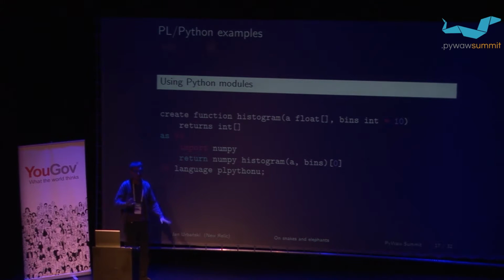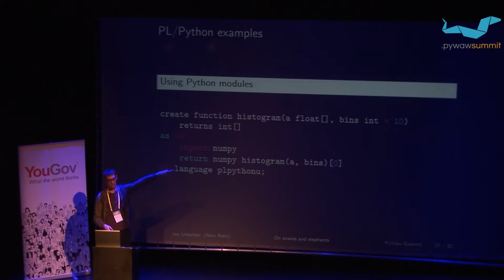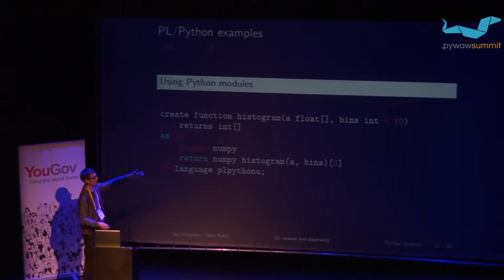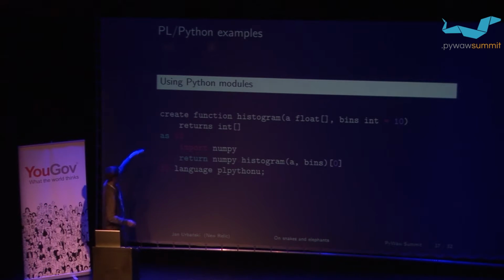It's fairly readable, and I hope some of you at least are more or less familiar with how SQL works. So you basically say, there's a histogram function, I pass it an array of floats, and an integer called bins, whose default value is 10. And I return an array of ints. Up to here, we were speaking Postgres.